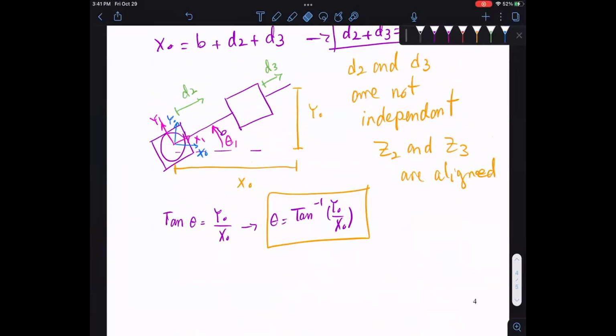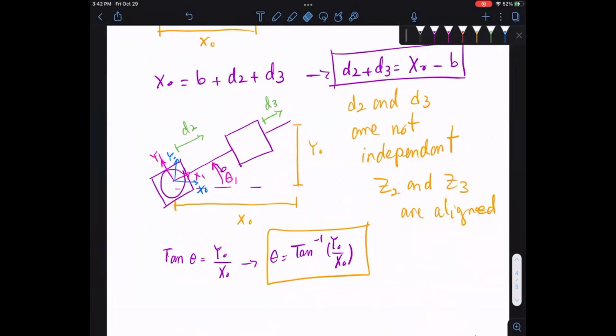It's easy, and then I explained the observation that D2 and D3 are not independent because they are aligned, redundant, so you can't find them. You could say, okay, I'm going to send D2 3 centimeters, and whatever is left is D3. Yeah, but you could have just one that goes the whole way, right? So this is just my last minute cry for help.